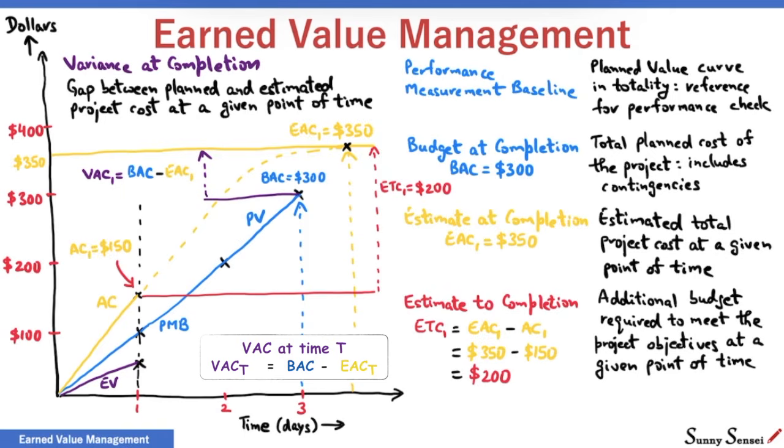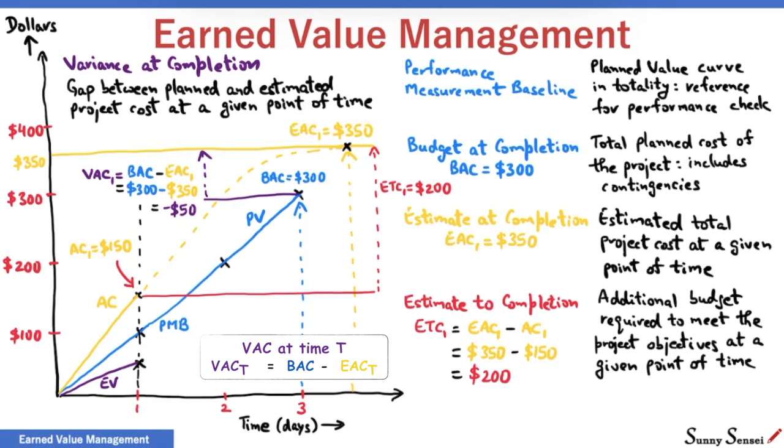For this example, variance at completion at the end of day 1 is $300 minus $350, or minus $50. Minus is not good. This indicates that we expect the actual project cost to be more than the planned cost.